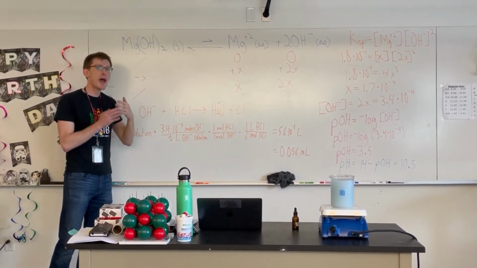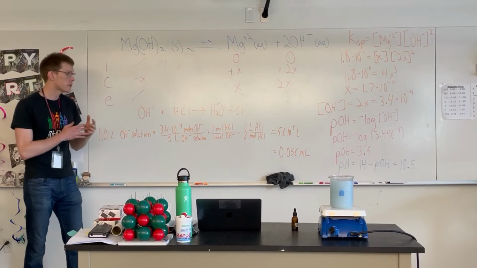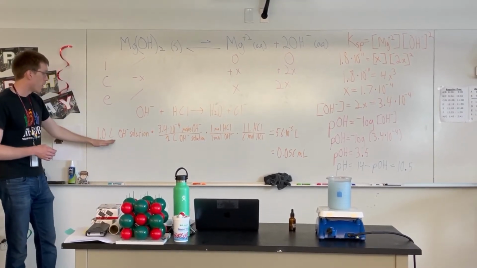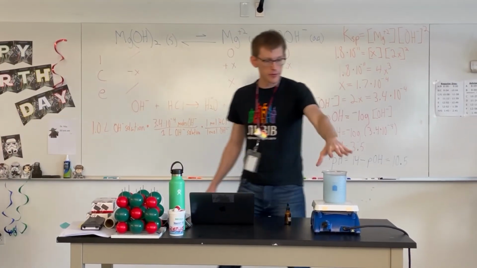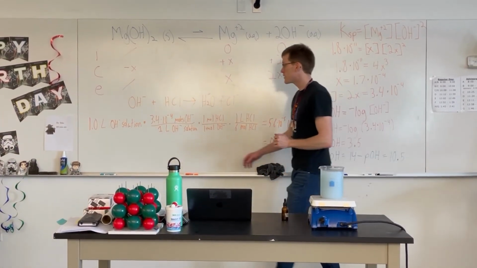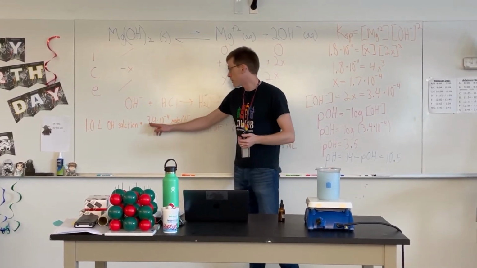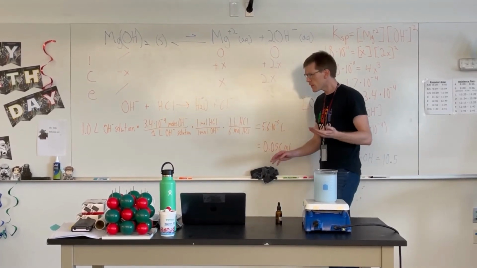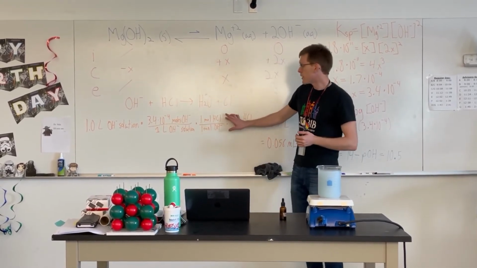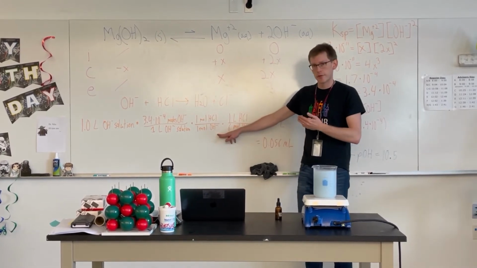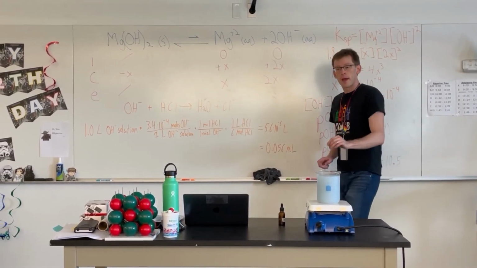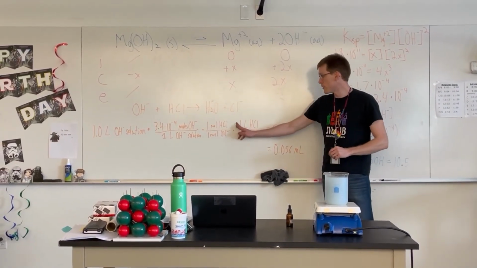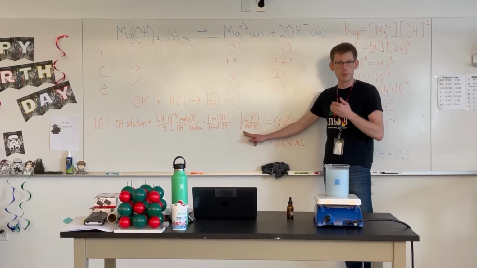And just to see how sensitive this whole system was to the stimulus we put on it, well, if we had a 1 liter solution of hydroxide ions, which this is about a liter, and we know that there were 3.4 times 10 to the negative 4th moles of hydroxide per liter. That was our hydroxide concentration. We know that hydrochloric acid reacts with hydroxide in a 1-to-1. I'll tell you that this was 6 molar hydrochloric acid that we used, so I'm going to say that we're multiplying by 1 liter of hydrochloric acid per 6 moles.